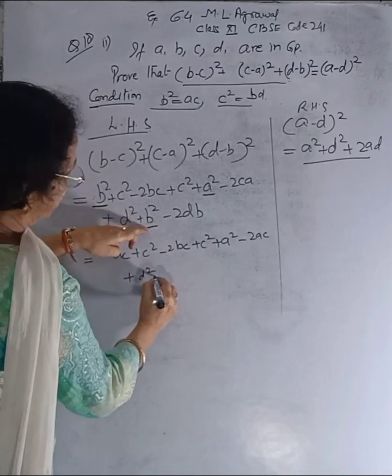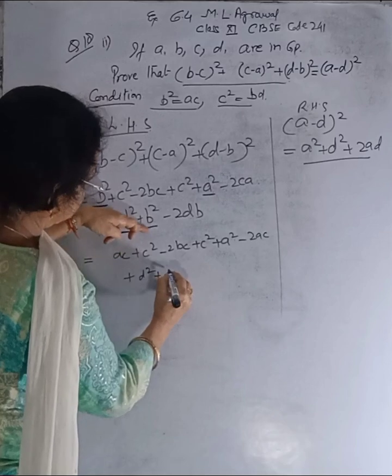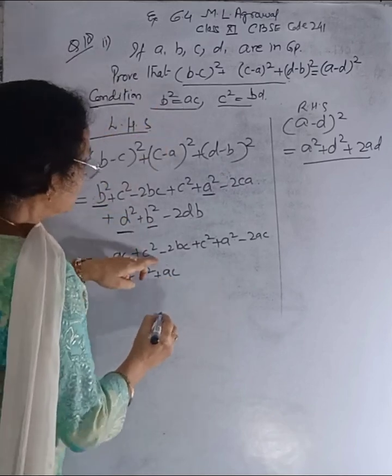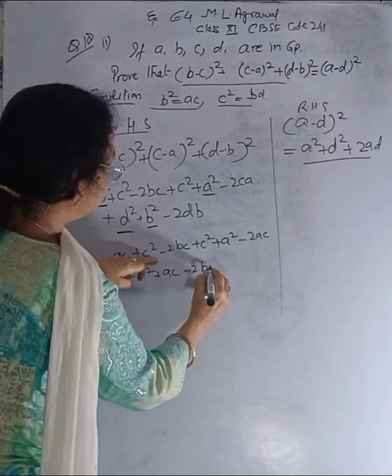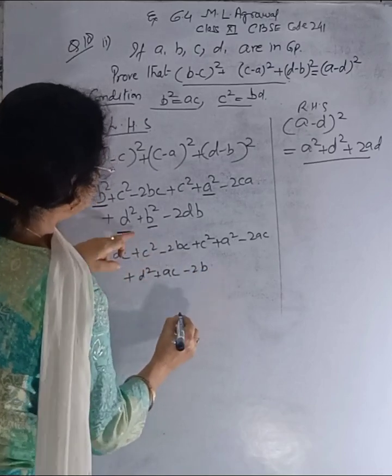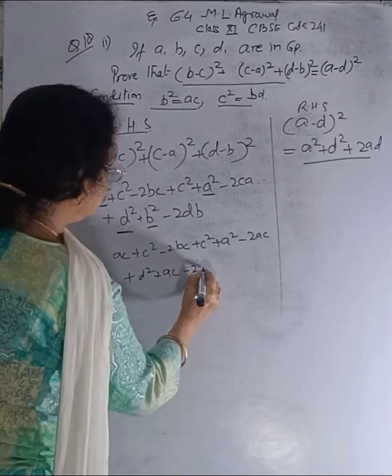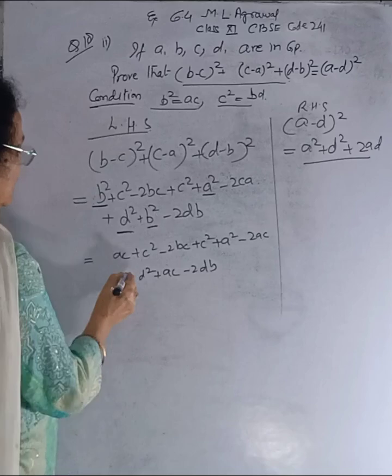Further, AC and B square is equal to AC, minus 2BC, minus 2DB.